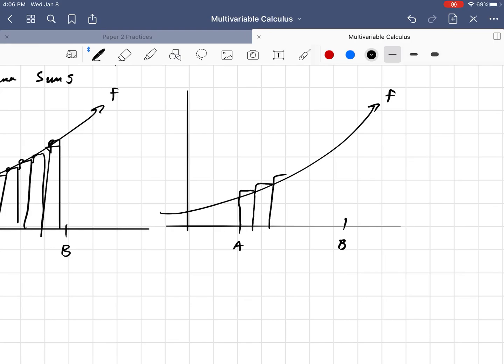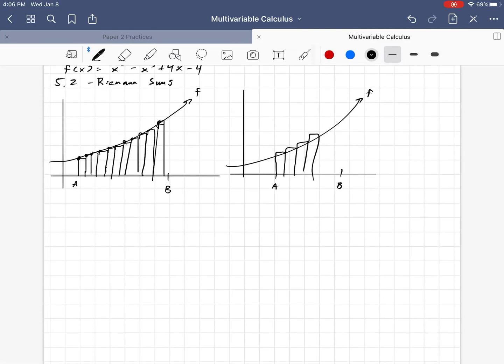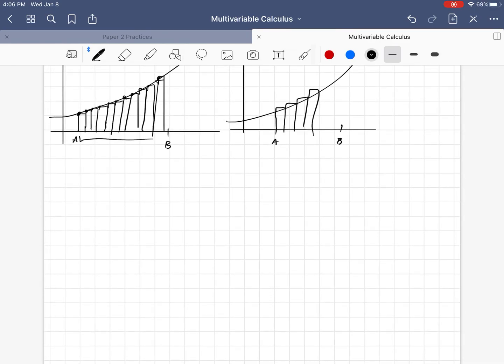So now the right is touching, the right is touching, the right is touching, and I think you get the idea. Say in this picture there are n rectangles. Then as the number of rectangles approaches infinity, we approach the area, and if we take the limit as the number of rectangles approaches infinity, we get the exact area.